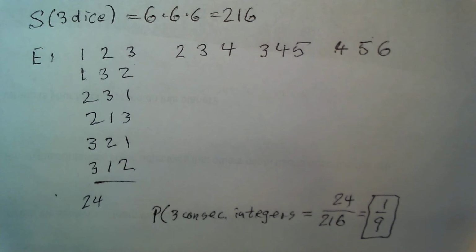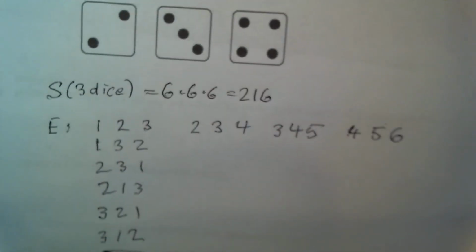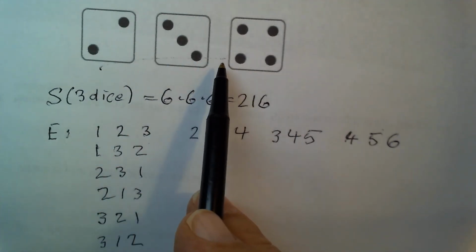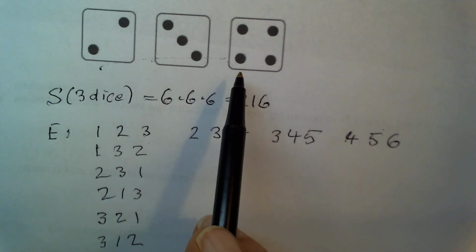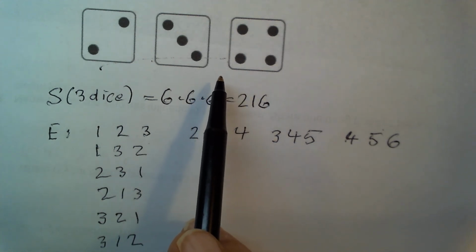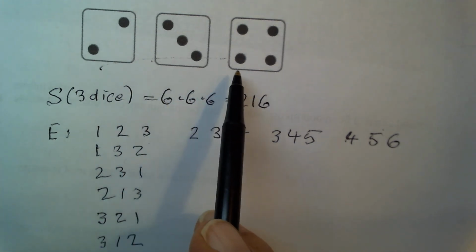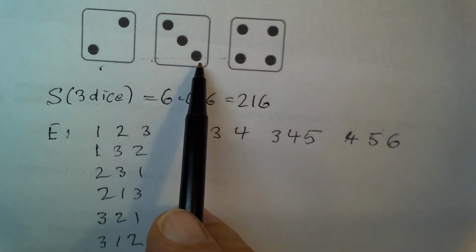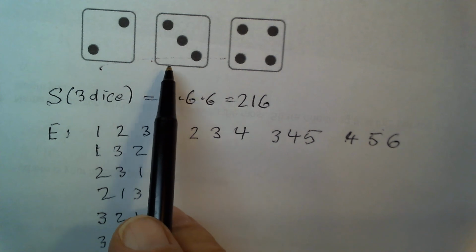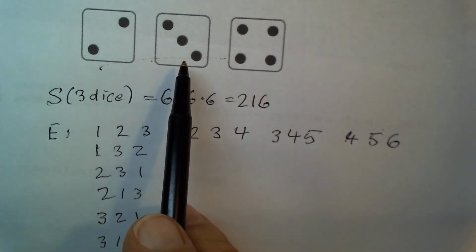What's a little bit tricky about this problem is that the way the dice are arranged here, it almost seems like you've got to have them in this order. But obviously, when you roll 3 dice, they don't line up. They're scattered. So in other words, this could be 3, 2, and 4, or 4, 2, and 3, and so on.